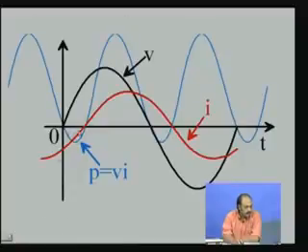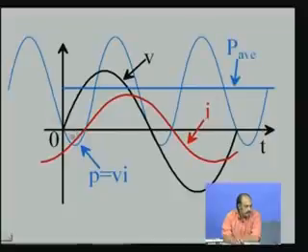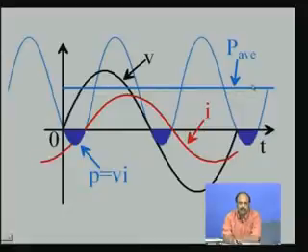Look here, this portion contributes to the negative power. The power is negative in this region, which means that the power is put back to the source. And in this region, the power is positive and it has an average power which is positive, which says that that is the power which actually goes to the load.